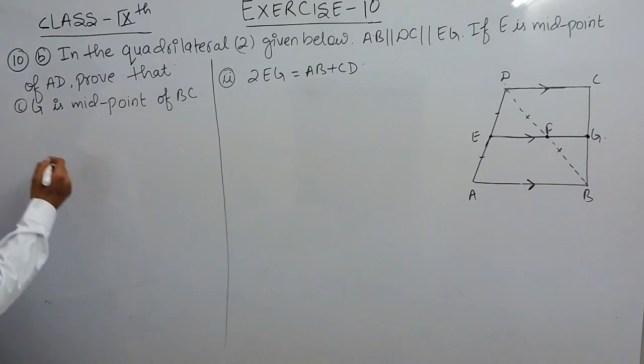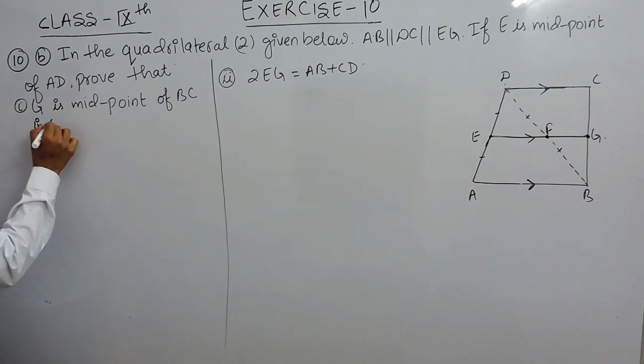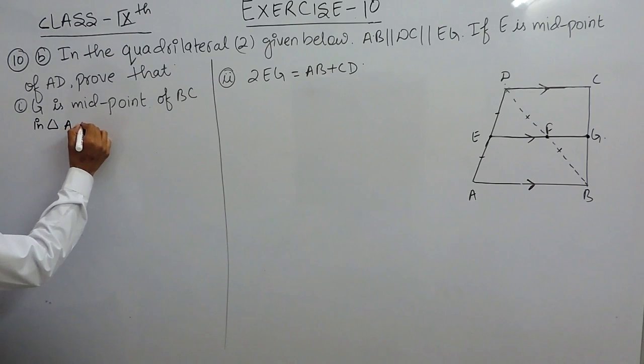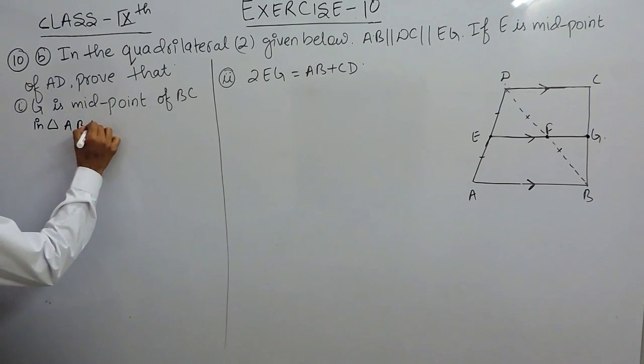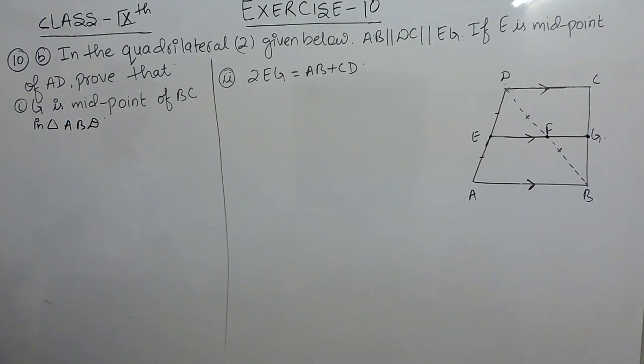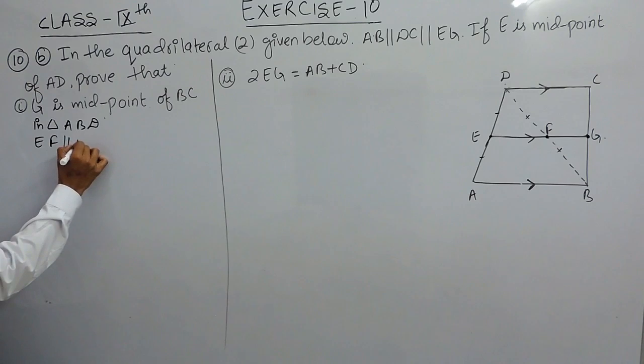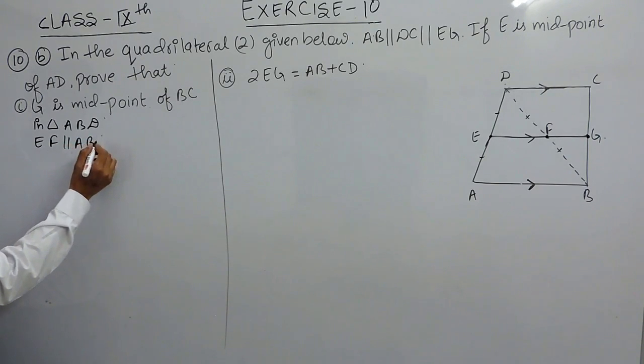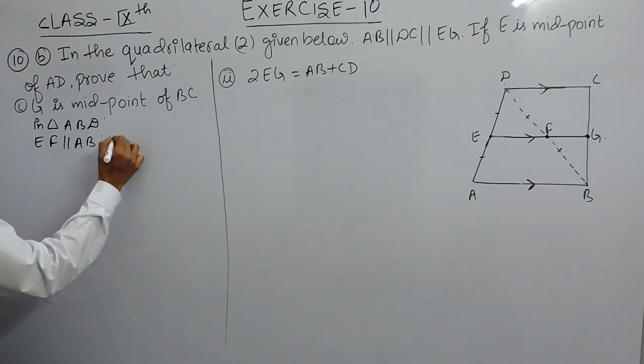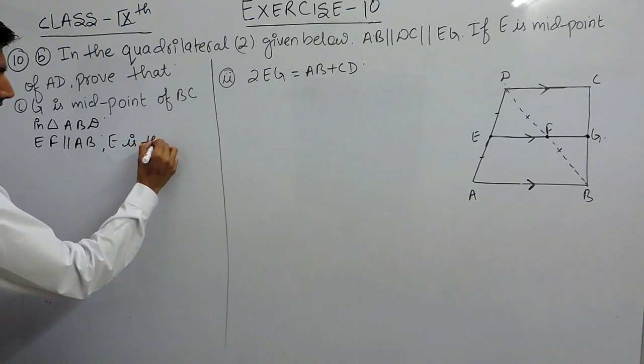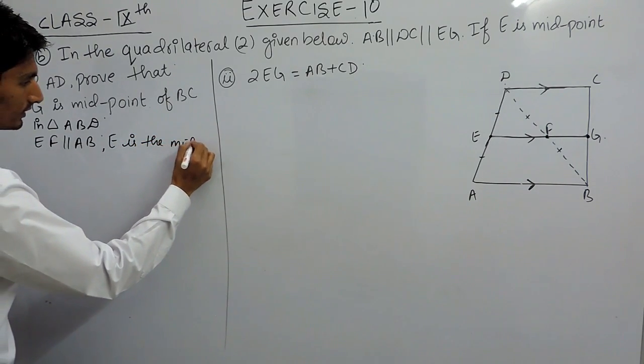Now let's prove it. First of all, in triangle ABD, EF is parallel to AB and E is the midpoint.